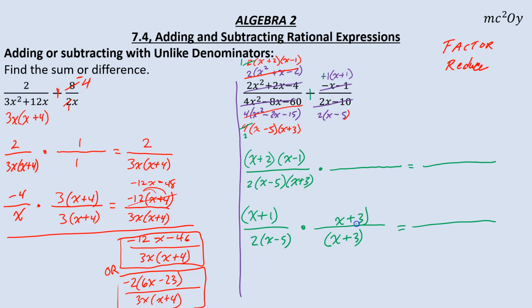On top, I'm not missing anything. Okay, I have all 3 parts that I need to get to x minus 5 and x plus 3. I have that there and I have it here. So I am now pretty good there, and I have x plus 2 and x minus 1, and I have x plus 1 and x plus 3.